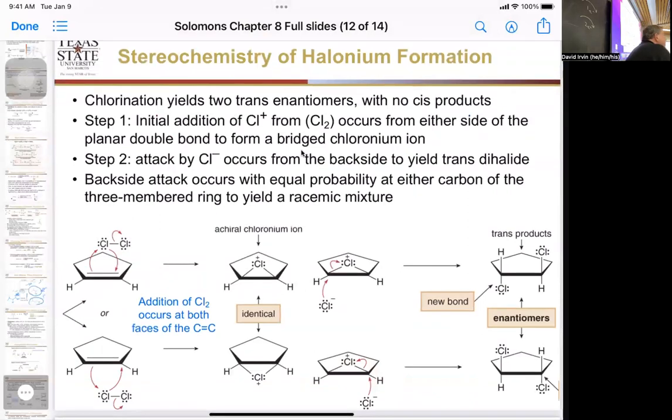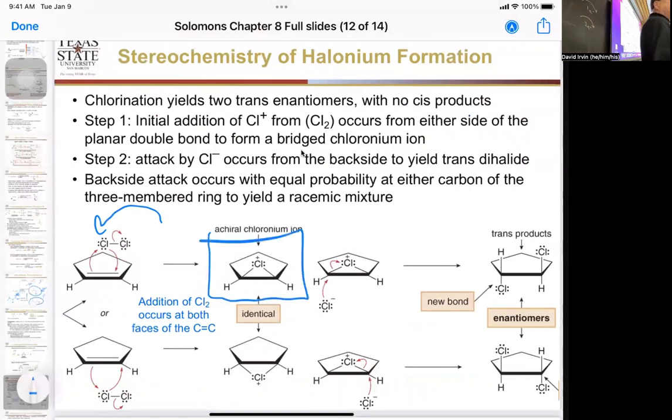To prove to ourselves it's an anti-addition, we're going to use a ring because we don't have that free rotation. So if we have our reaction here and we attack from the top, we're going to get an intermediate where the halogen is on the top. Turns out that is achiral because we don't have 4 different things attached to any carbon.